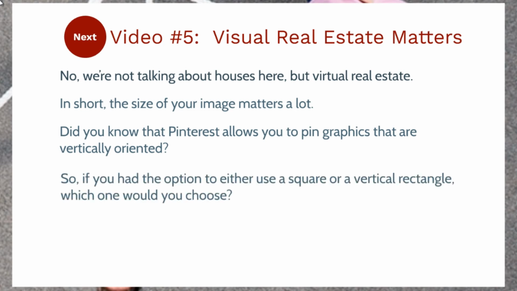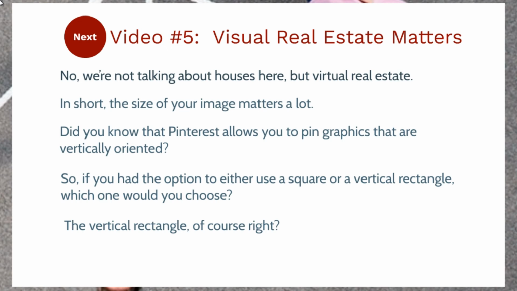So if you had the option to either use a square or a vertical rectangle, which one would you use? Well, the vertical rectangle, of course, right? Because not only does it take more space out of the page, it definitely shows up compared to all the other images. And not only that, in addition to that, it stands out.